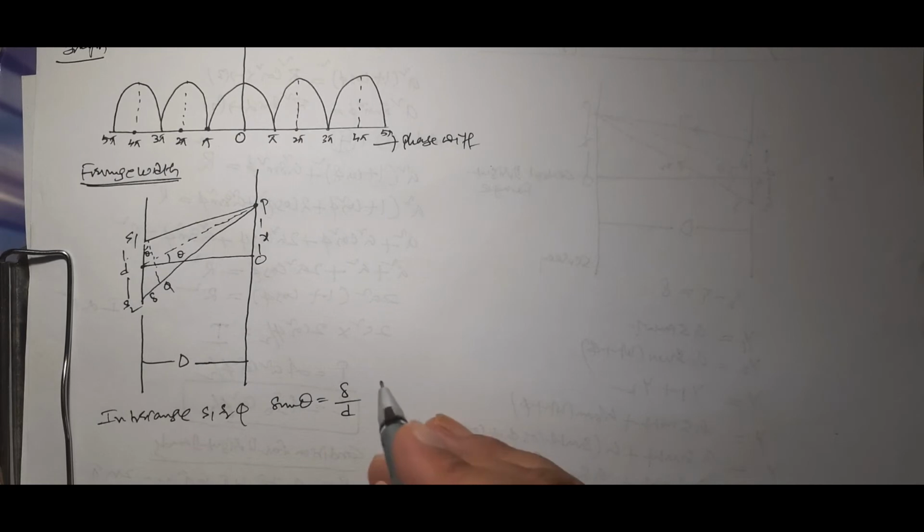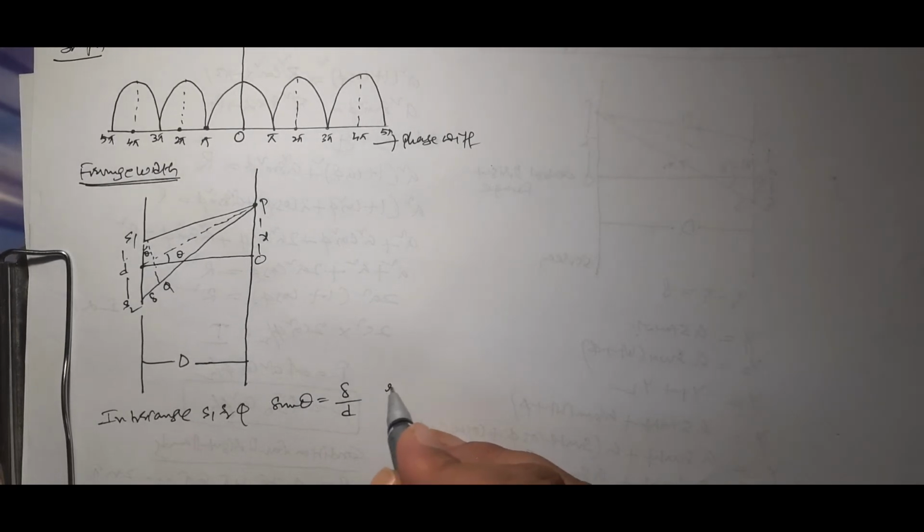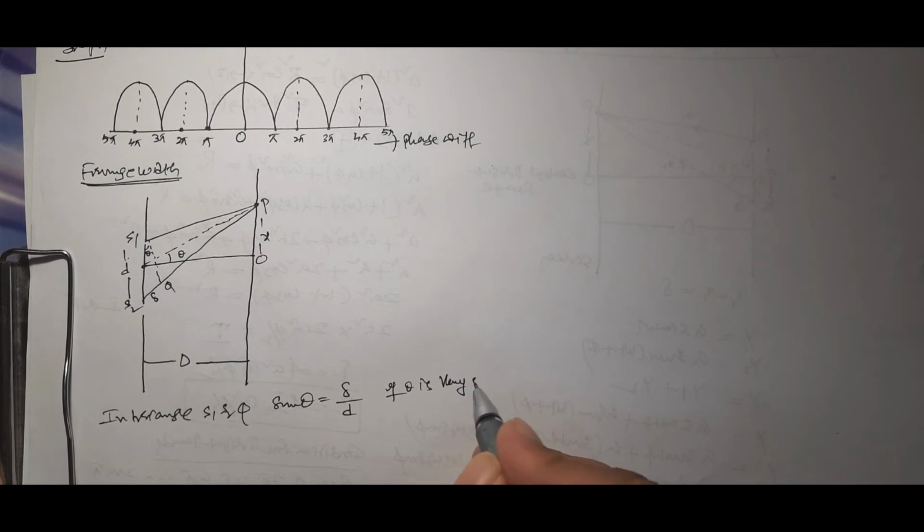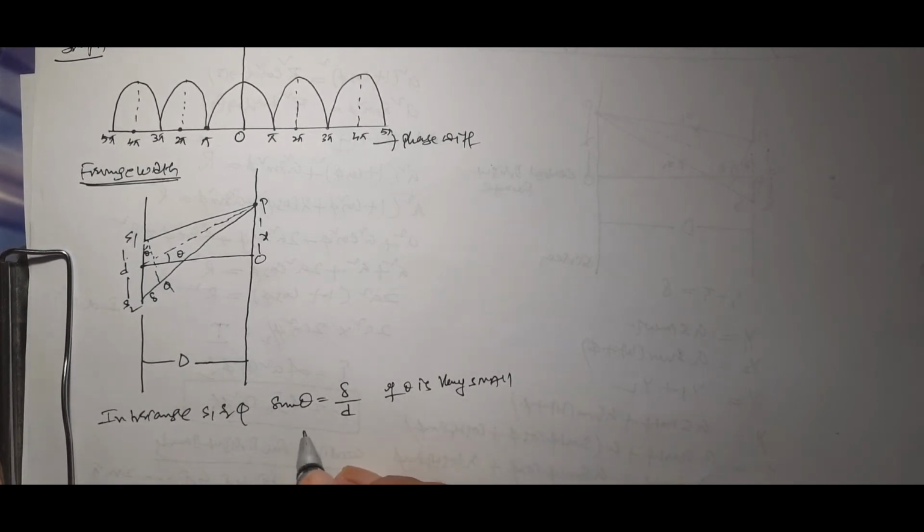If theta is very small, then sin theta is almost equal to theta. So theta is equal to delta by d. Equation 1.